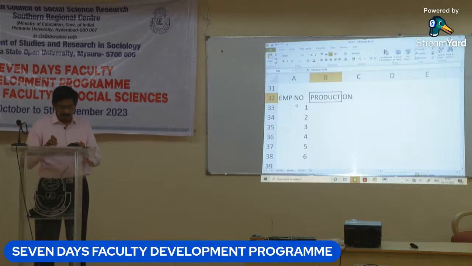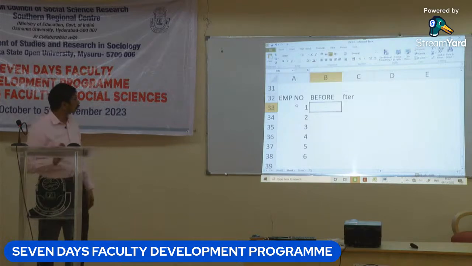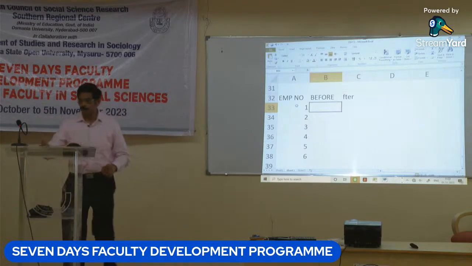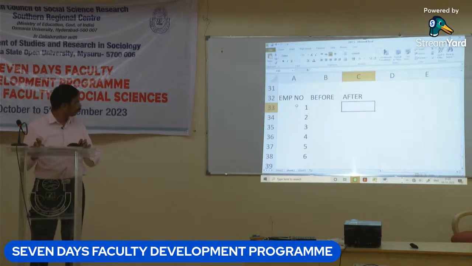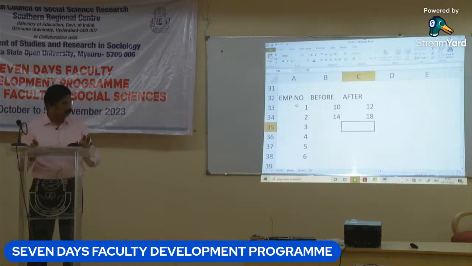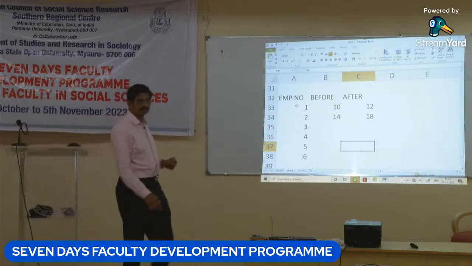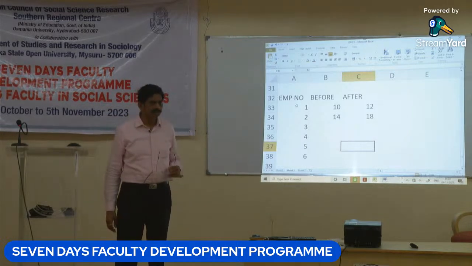Production before training and after. Let's say employee 1 was producing 10 units in a day before training, now it is 12 units, 14 units, 18 units, something like this. This is the data for some employees.